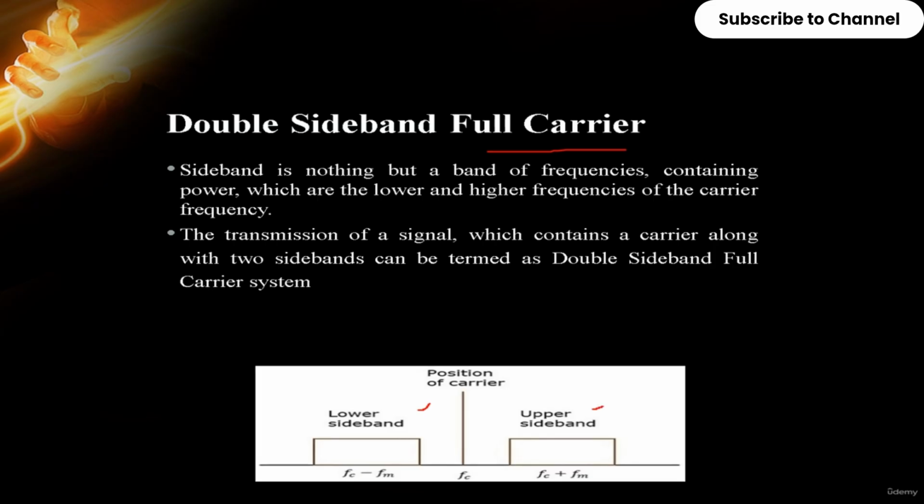The sidebands are nothing but band frequencies containing the power at lower and higher frequencies than the carrier frequency. The transmission of the signal contains these two sidebands, which are double sidebands in the carrier systems.